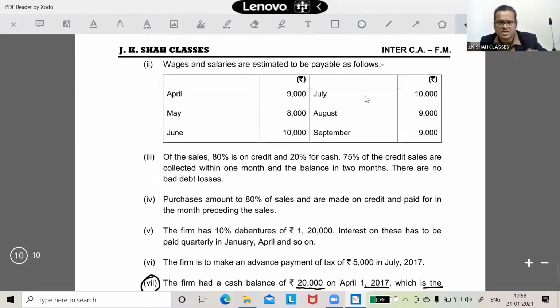Wages and salaries are also given. Of the sales, 80% is on credit and 20% is for cash. You know that we had done a similar condition in one of the questions. What was that question? Yesterday's third question. I agree, percentage was different. Cash was 10% and credit was 90%. Remember now? No, not yet.